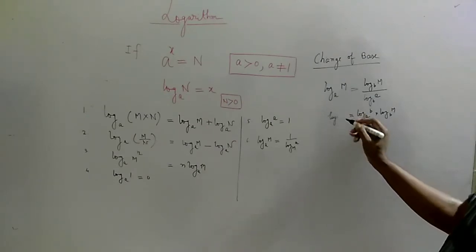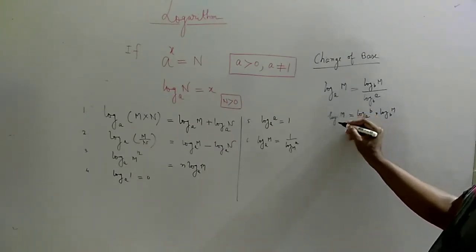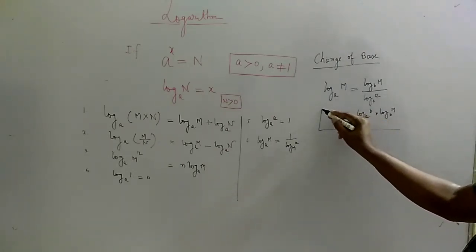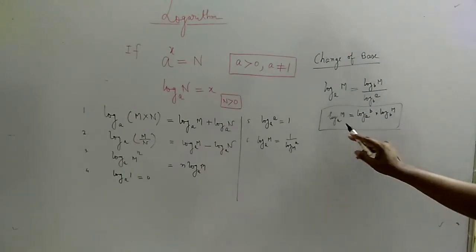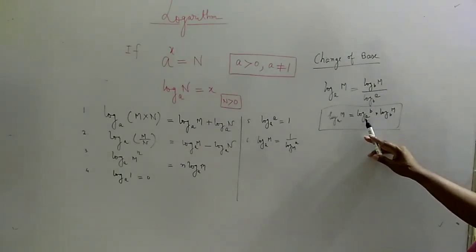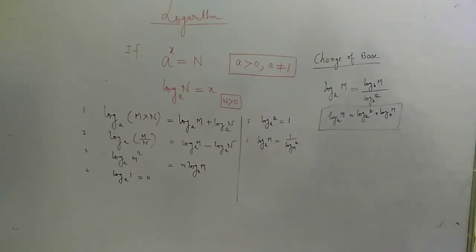It is just logically written here: log m to the base a, and this you can write starting from the given base, and then I want to change to the new base, so log b to the base a into log m to the base b.